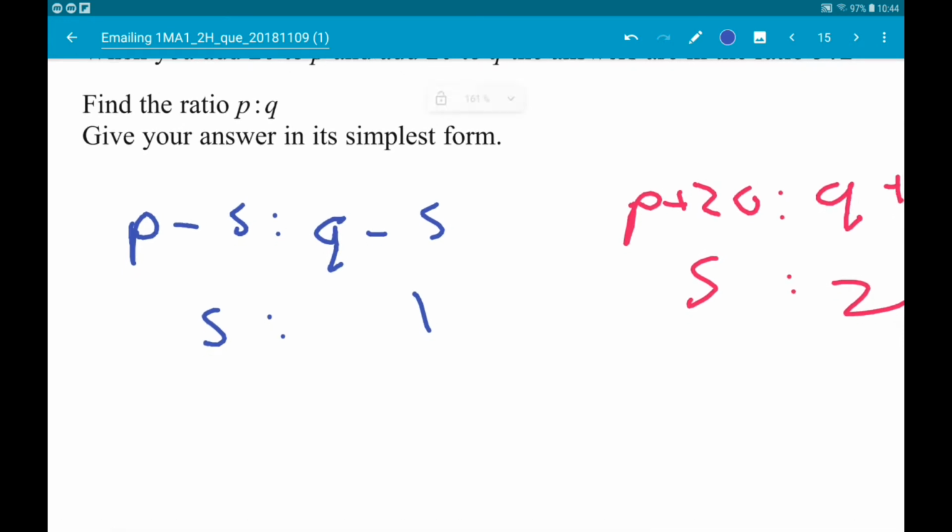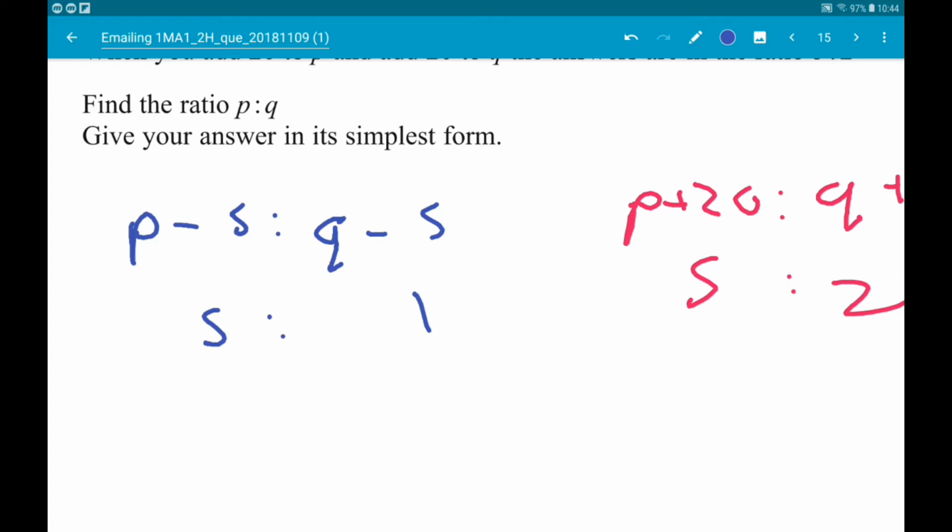So, looking at these two numbers, we think about, well, what is the smallest number that 5 and 1 both go into? So as it happens, it's 5. So, we only need to multiply 5 by 1 to get 5.